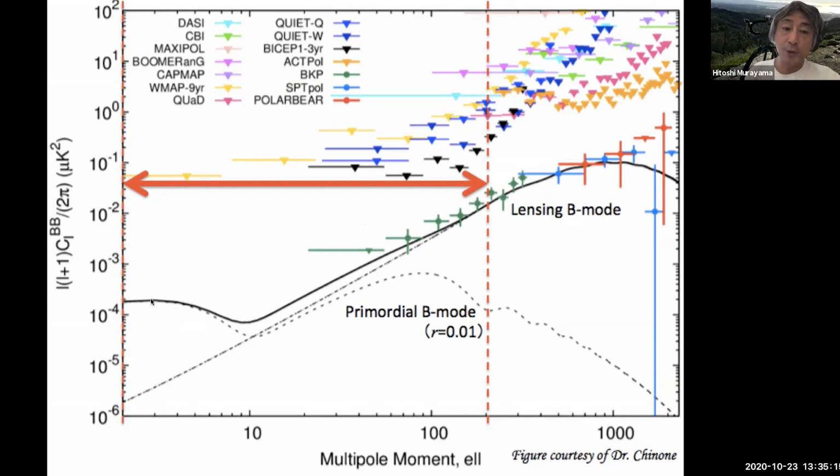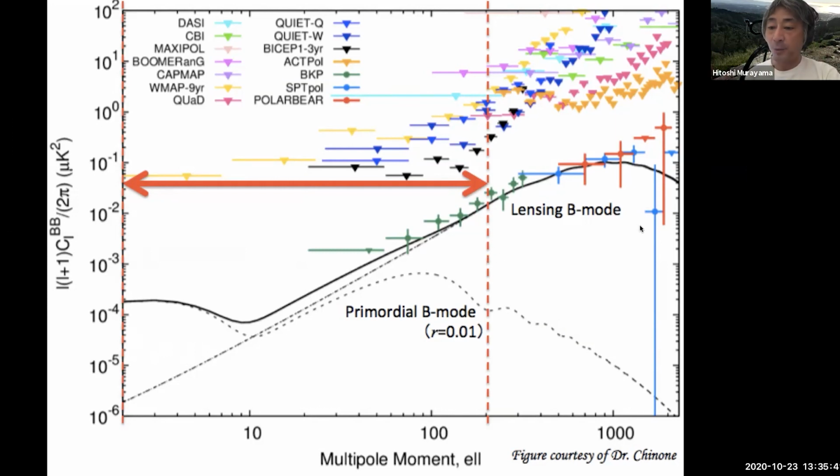On the other hand, when you go to space, your satellite can rotate into arbitrary directions, so you can cover the entire sky. But of course, you can't put a very heavy instrument on a satellite. So that's a compromise. You have good sensitivity at low L, but the space-based experiments can't go to very large L. So that's the complementarity.